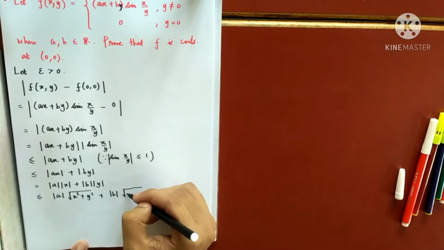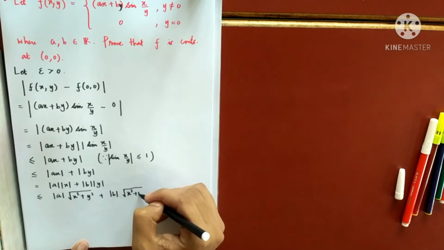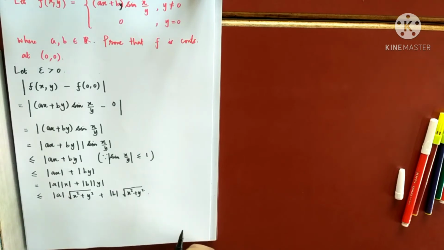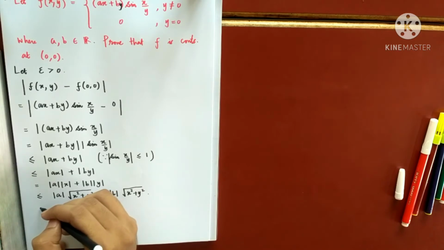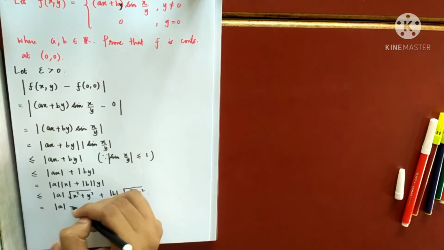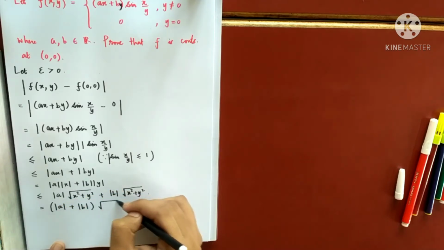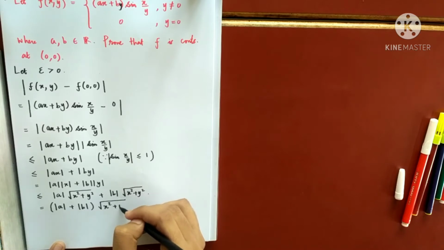You know the reason, because mod x is lesser equals to root over of x square plus y square, and mod y is also lesser equals to root over of x square plus y square. Take that common. So this is nothing but (mod a plus mod b) root over of x square plus y square.